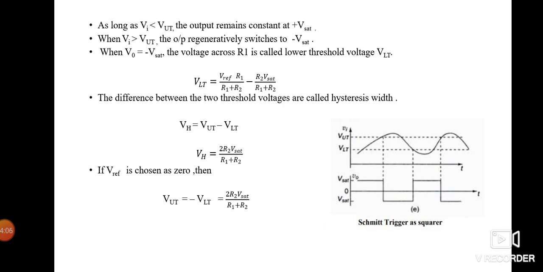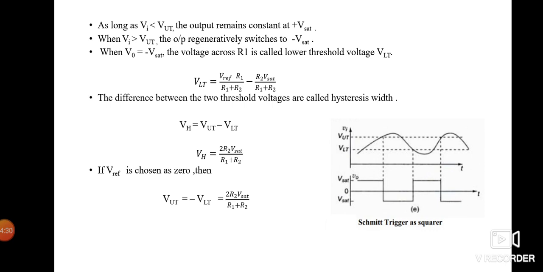The input voltage Vi must become lesser than VLT in order to cause V0 to switch from plus Vsat to minus Vsat, and a regenerative transition takes place almost instantaneously.